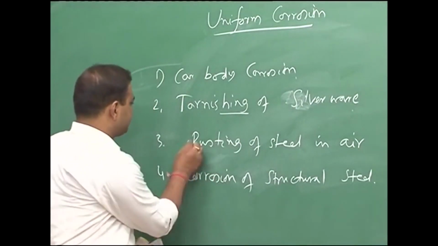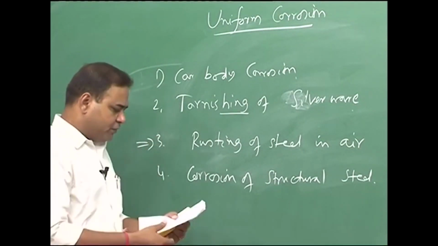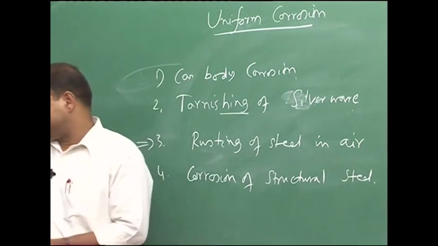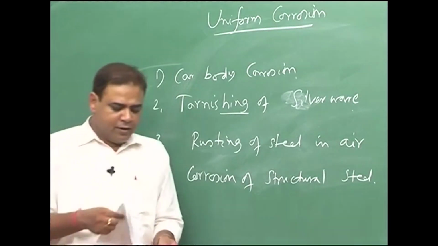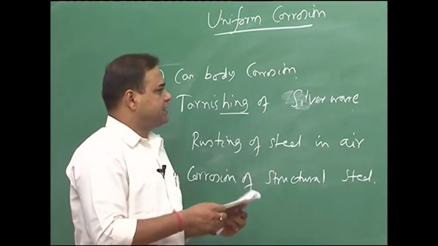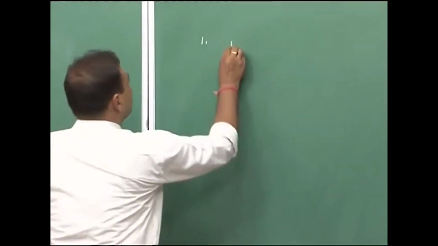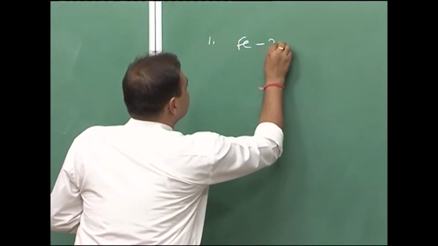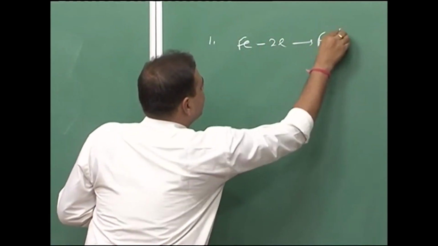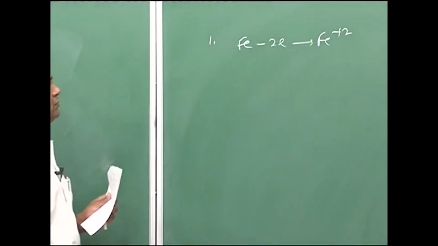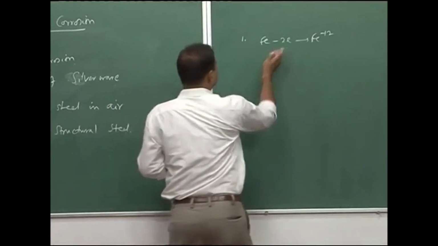If you consider this example, we can see the equations that govern corrosion. For example, one is Fe goes to Fe2+ plus 2e-. This is the anodic reaction.